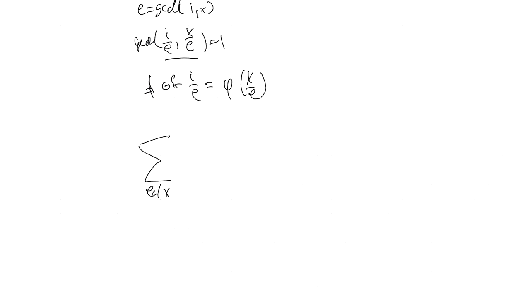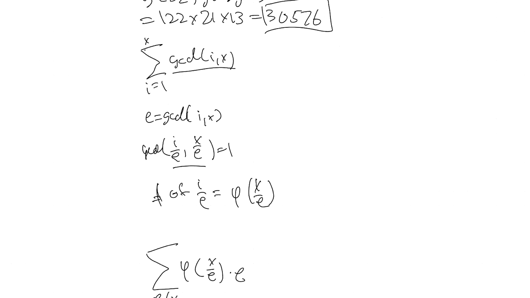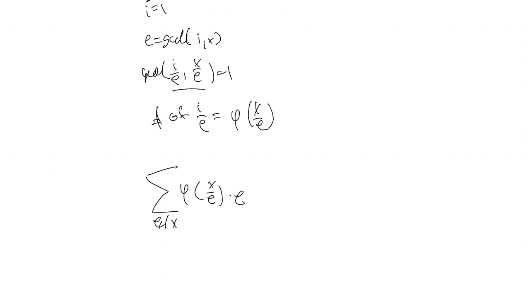We're summing the totient of x over e, and we're multiplying that by e. So this is the sum we just enumerated over our GCD. For every single possible GCD e, we make a separate term. So if e is 2 and x is 4, then we're adding up all the terms such that the GCD is 2. I hope that makes sense. Does it make sense?